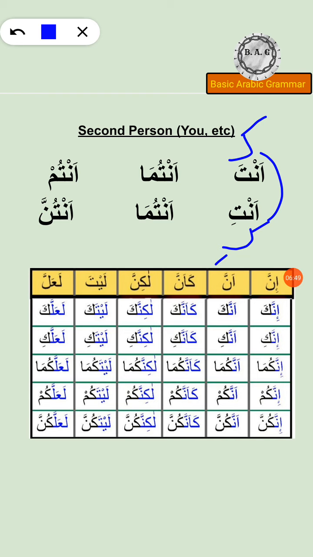Nothing special needs to be discussed here. As you can see, inna is innaka, innaki, innakuma, innakum, innakunna. You can study this chart, and this is fairly easy.